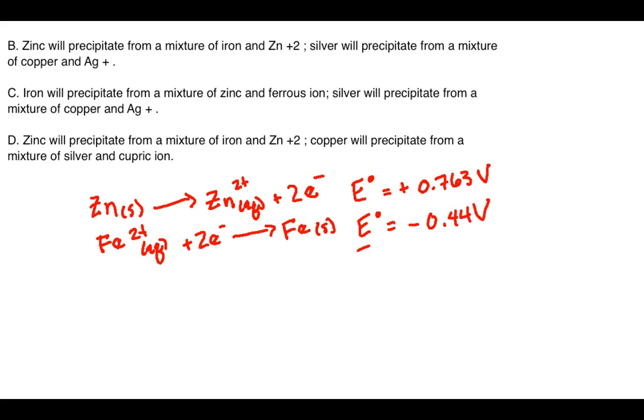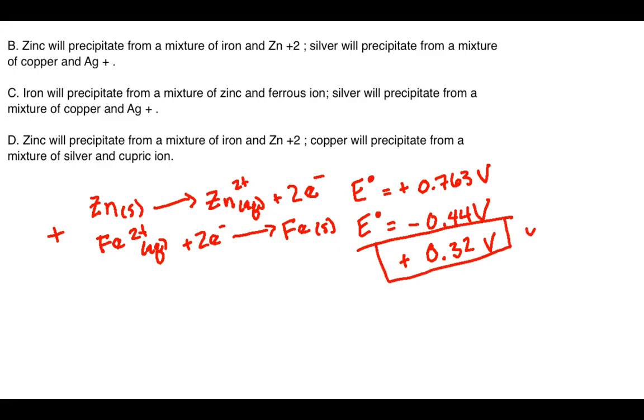Now all we're really concerned with here is the cell potential. You could also write out the full redox reaction by summing all of this up, but we're just interested in seeing this value here. So this value comes out to plus 0.32 volts.